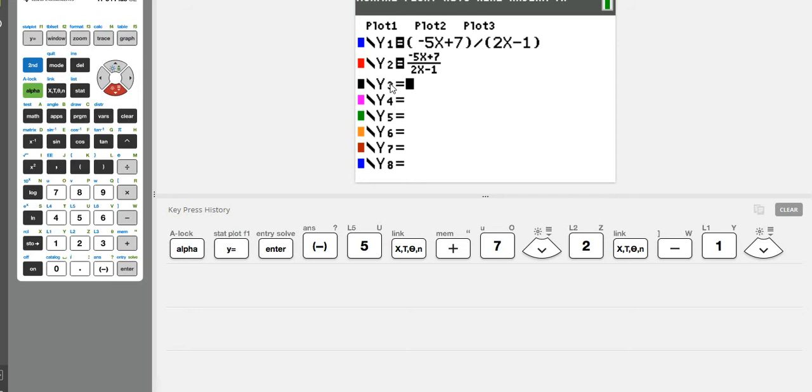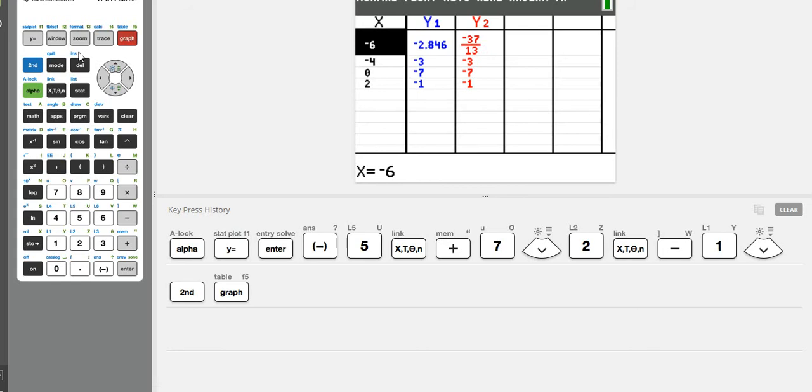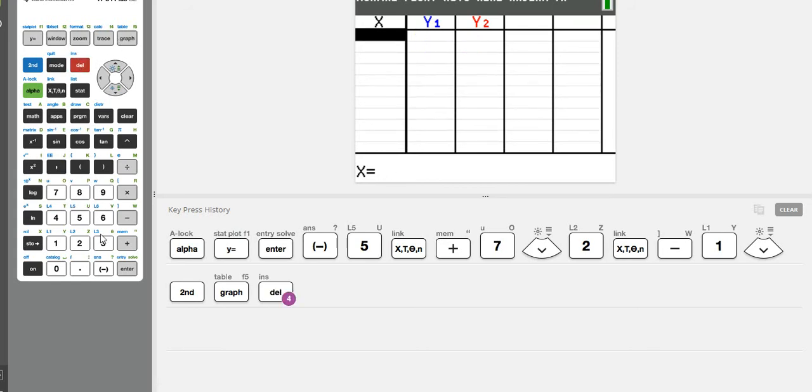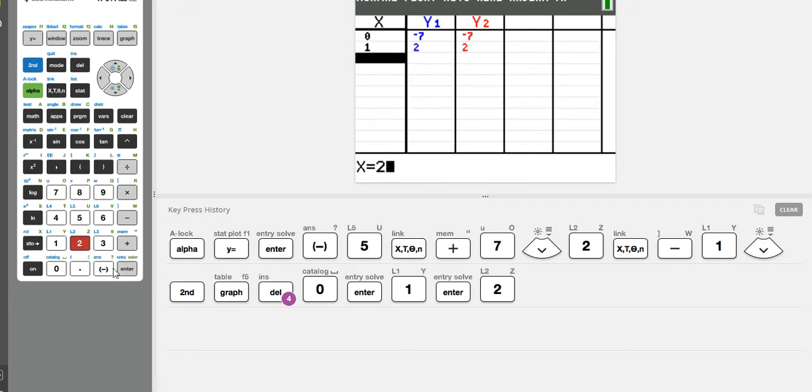So let's have at it with our test points. Second, and then table, delete all this stuff here, and then 0, 1, and 2. By the way, it's really nice if you show me your test points, because if I don't see them and you get it wrong, it's harder for me to give you partial credit, even if I wanted to, because I don't know where you picked up your intervals.